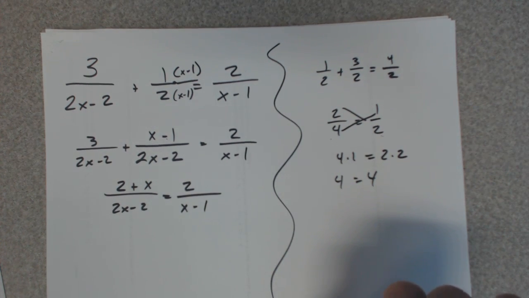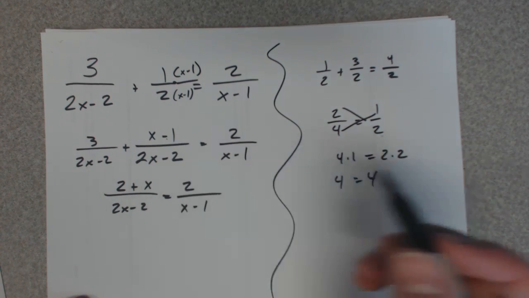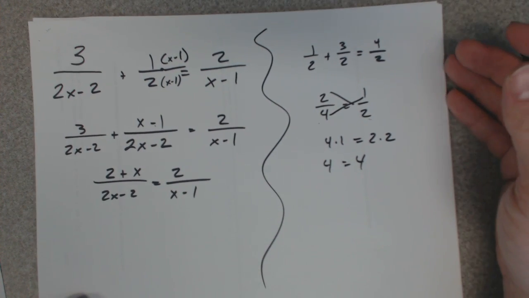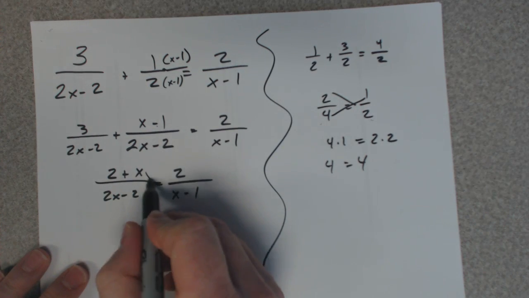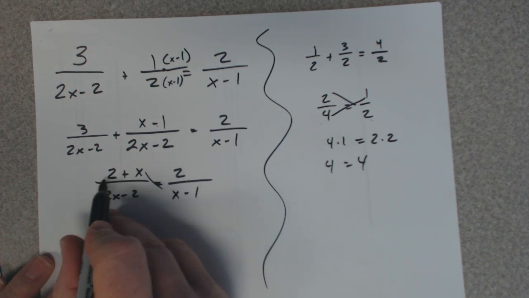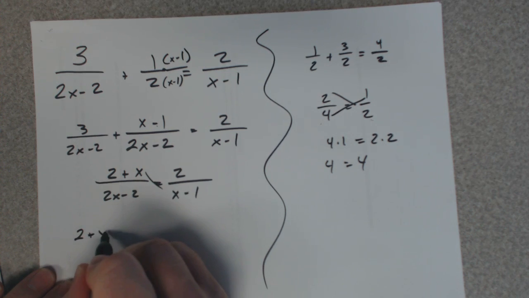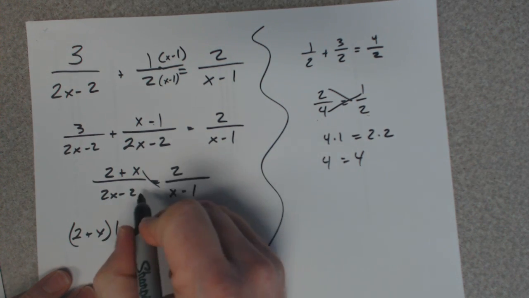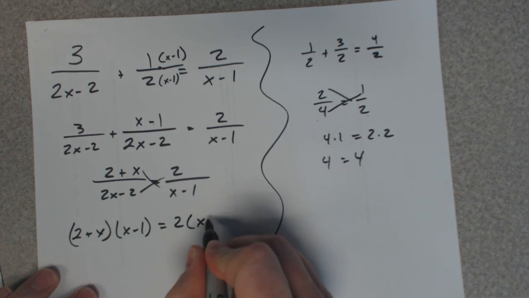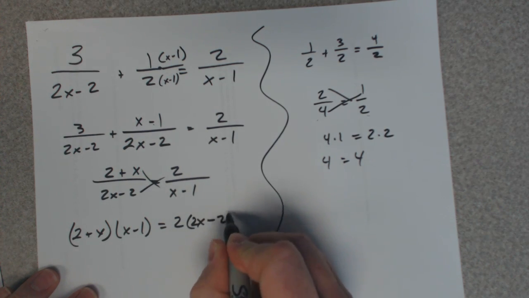Now you can cross product here if you like and try to solve it. So we'll cross multiply here. So 2 plus x times x minus 1 should be equal to 2 times 2x minus 2.